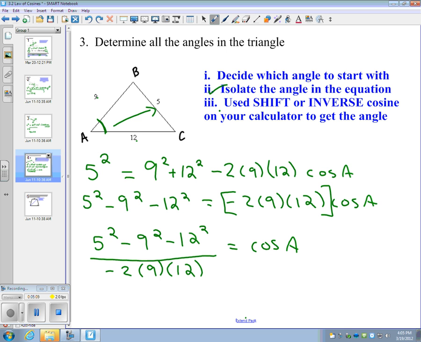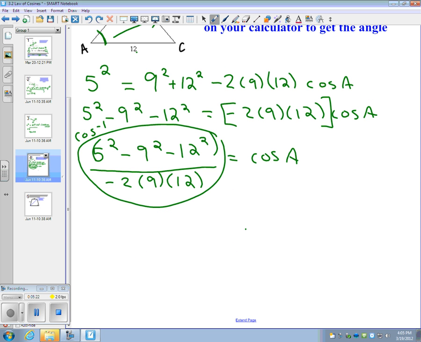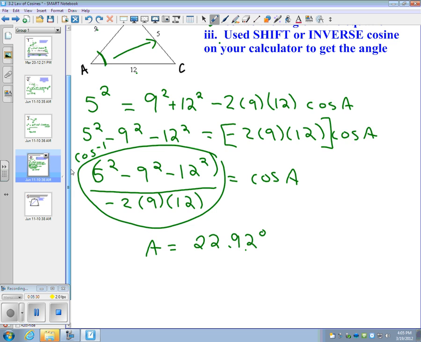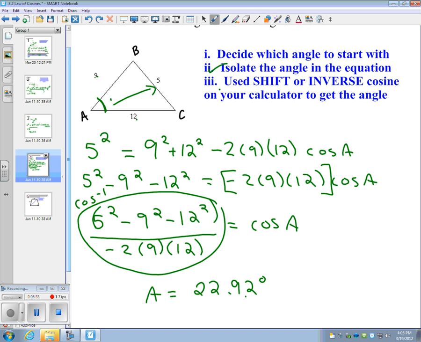I would put all of this in my calculator with some beautiful brackets, and then use the cos to the minus 1, or the inverse cos, to get my answer. In this case, we should get A to be 22.92 degrees. So 22.92 goes right there.